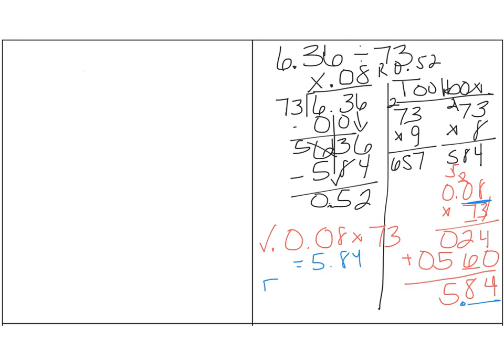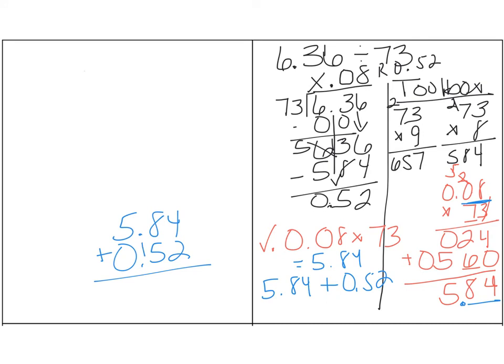So now I'm going to start with what I left off with, which is 5 and 84 hundredths. I'm going to add my remainder, 0 and 52 hundredths. All right. I know this shocks everybody. I ran out of space, so I'm going to use some empty space over to my left. So I have 5 and 84 hundredths plus 0 and 52 hundredths.